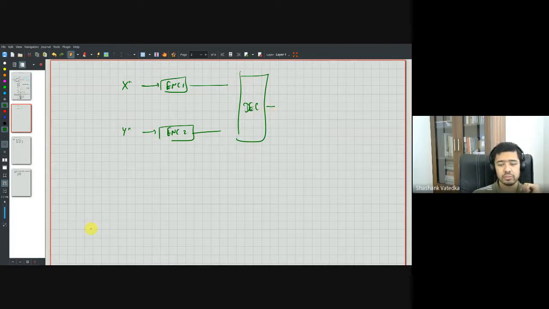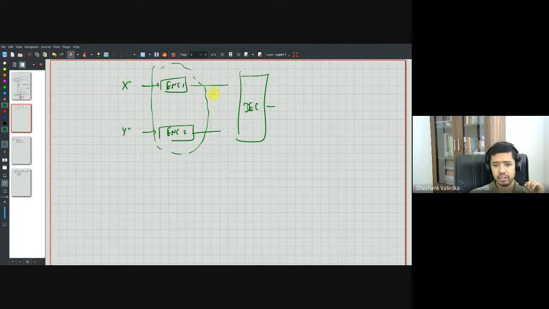Suppose that magically there was one single encoder which was encoding both xn and yn, so one encoder could encode xn given knowledge of yn, and encoder 2 could encode yn given knowledge of xn.